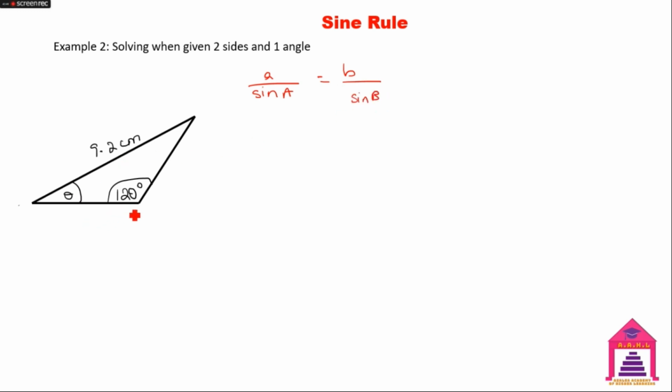Let me label it now. We want here to be A, here to be B, and here to be C. So that means this side would be a, this would be b, and this would be c.